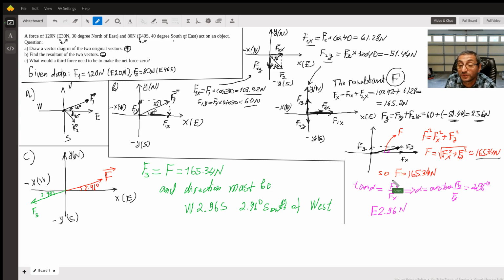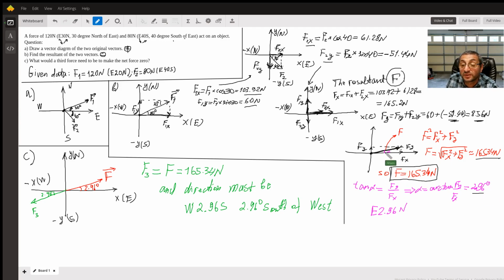However, it's not only about magnitude; we also have to find the angle, in other words the direction. If we find this angle, then we can find the direction. From this right angle triangle, tangent alpha equals Fy divided by Fx, or alpha equals arctangent of Fy divided by Fx. So it will be 2.96 degrees.